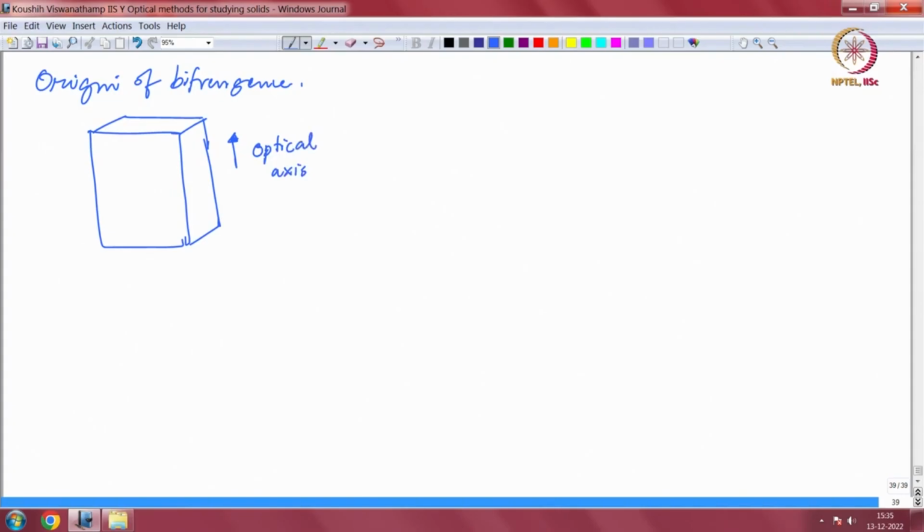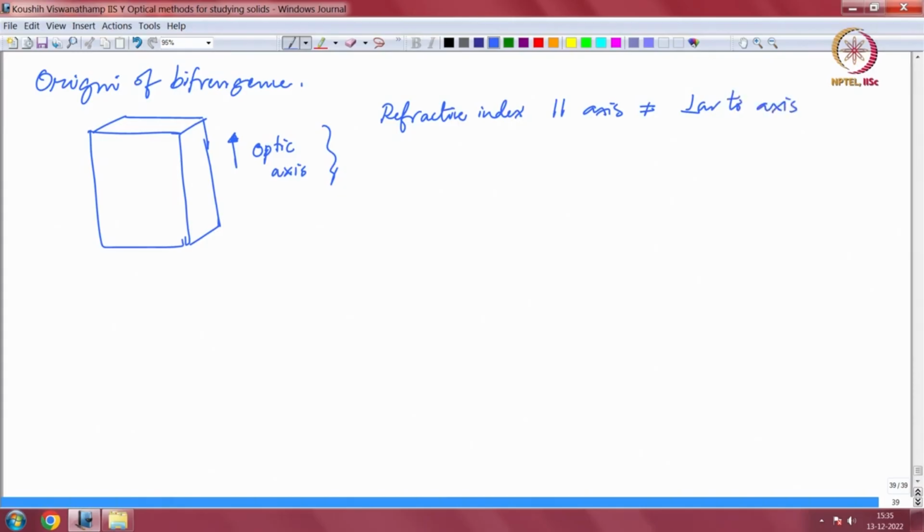Okay. And usually what will happen is that the refractive index parallel to the axis is different from that perpendicular to the axis.